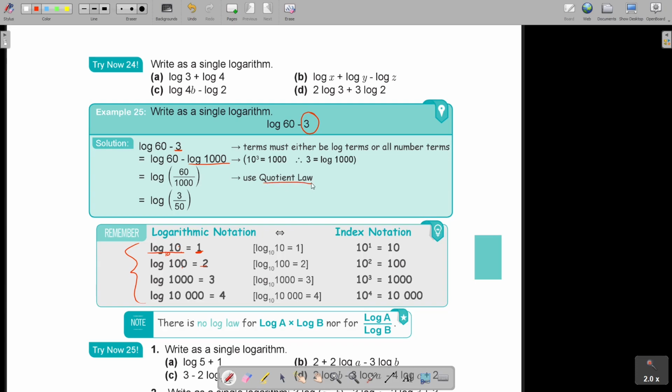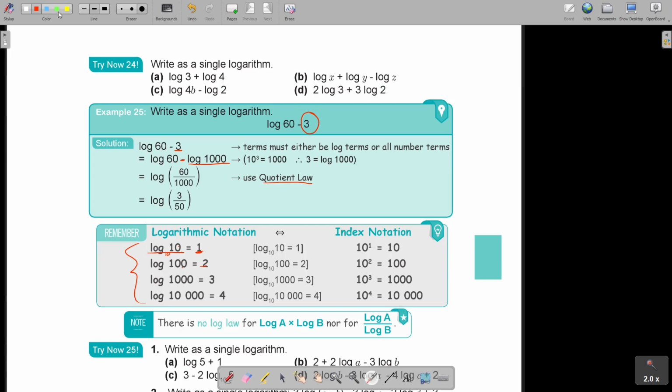The quotient law. Now, the quotient law is when you see subtraction, and that goes into a division. That's just a very simple way of saying it. When it's subtraction, you write 2 log words there, but as soon as you write it as a division, there's 1 log word, and then just that number, 60 over 1,000.